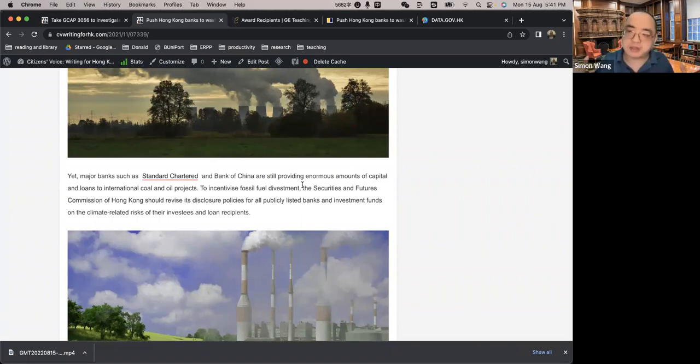But the problem is that under this current disclosure scheme, the companies that invested in the fossil fuel industry are not going to be held accountable. They don't even have to disclose their portfolio, how much money they put in the fossil fuel industry.